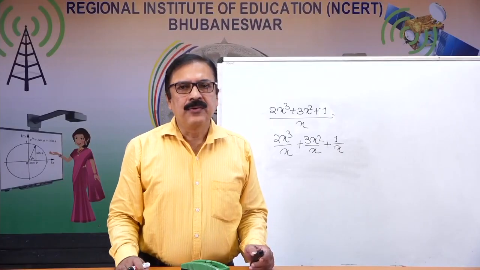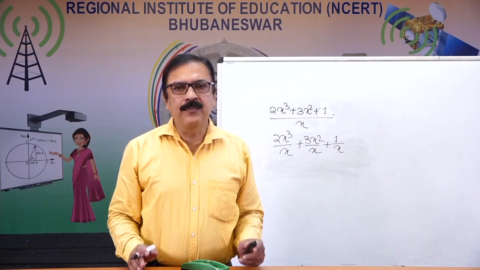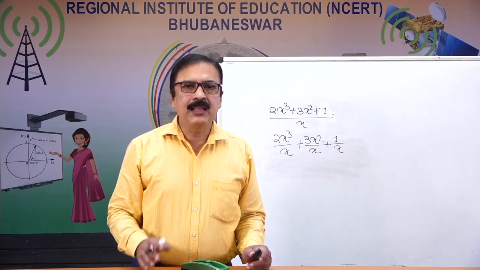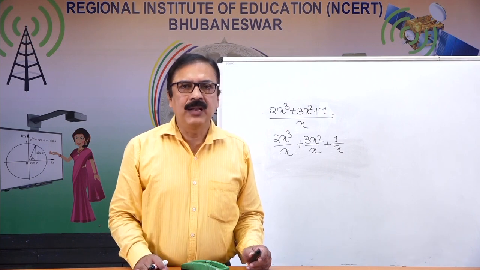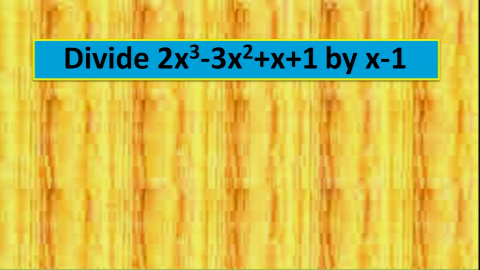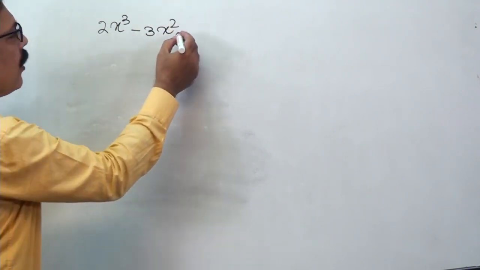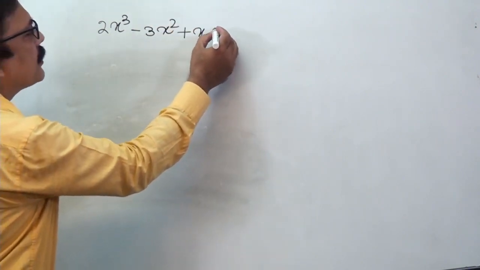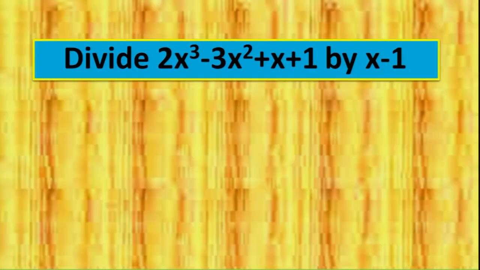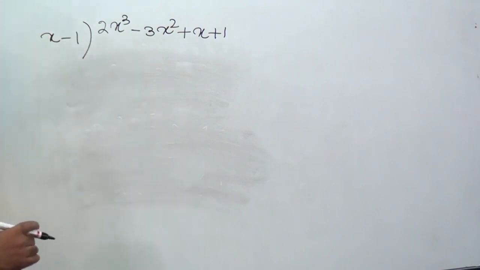Then we can divide a polynomial by another polynomial of lesser degree. Let's divide 2x cube minus 3x square plus x plus 1 by x minus 1.